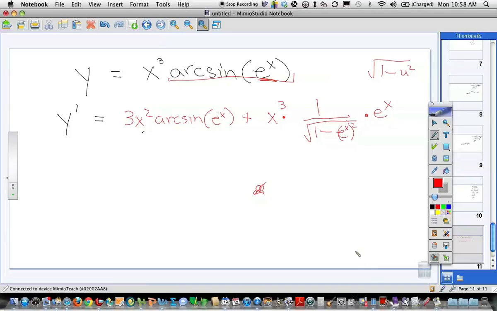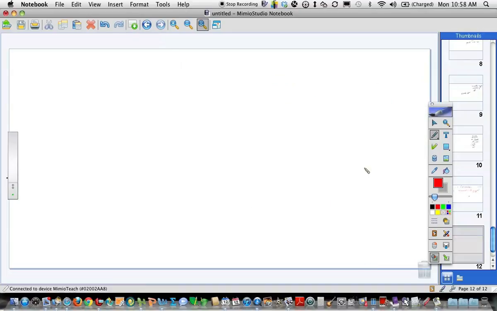All right, so let's go ahead and write the other two rules. Arc cosine. If you've got arc cosine of some stuff, at this point, I think it was important for us to review this idea of inverse functions.